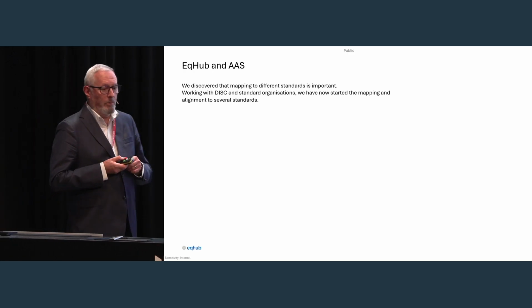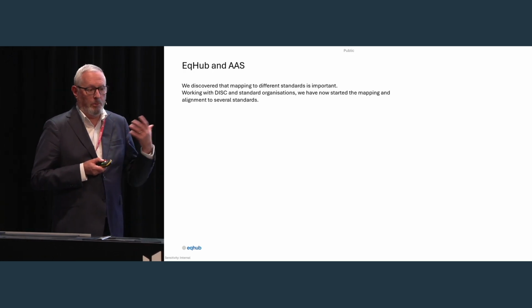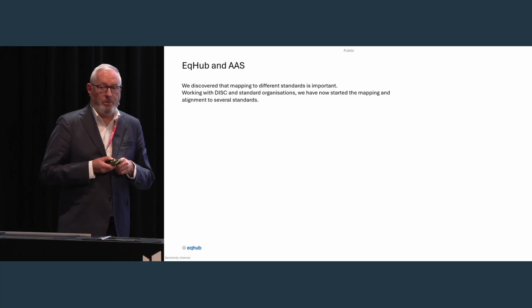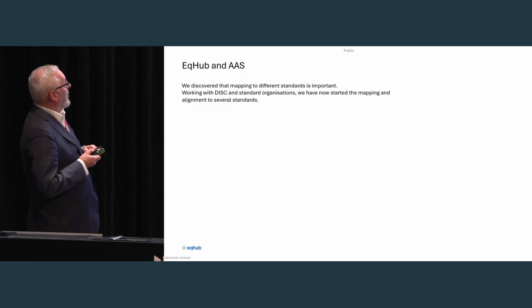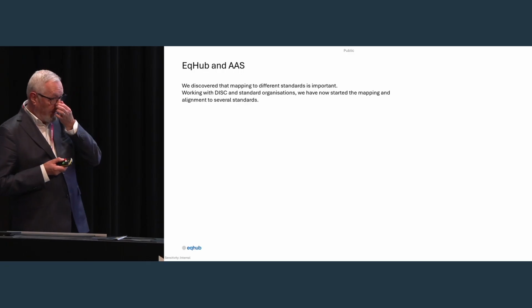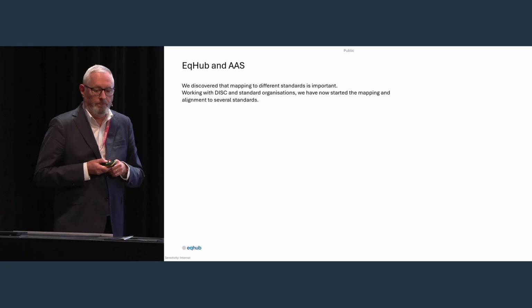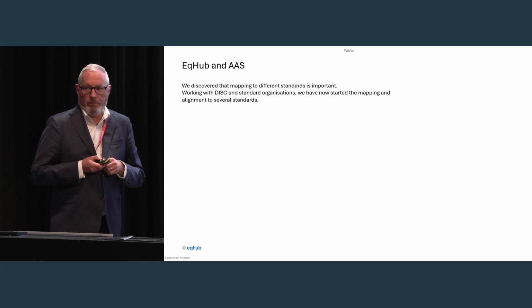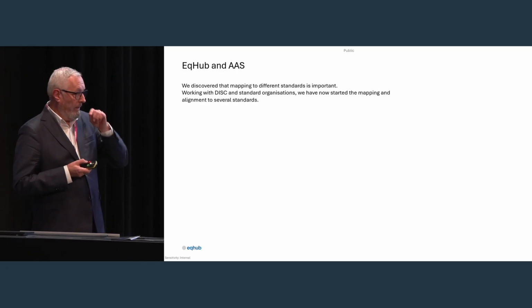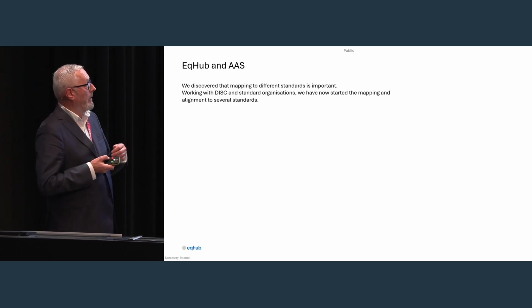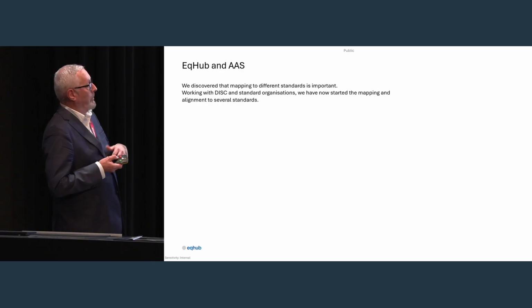But what do we have to do? We saw that we have to do this mapping. Of course, that's quite tedious work normally, but it has to be done. So together with DISC, we have now started on mapping some of the standards. That will be POSC-CAESAR, E-Class, CFIHOS, and a couple of other standards that we are looking into.